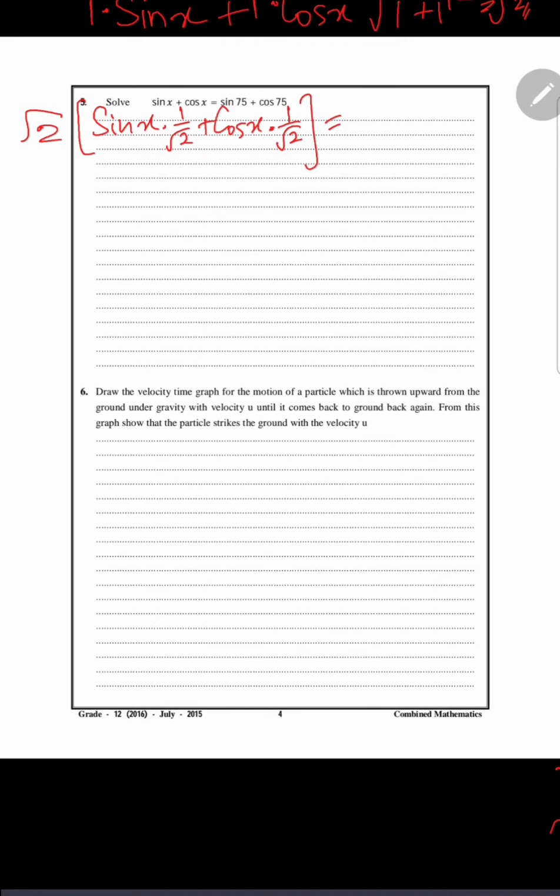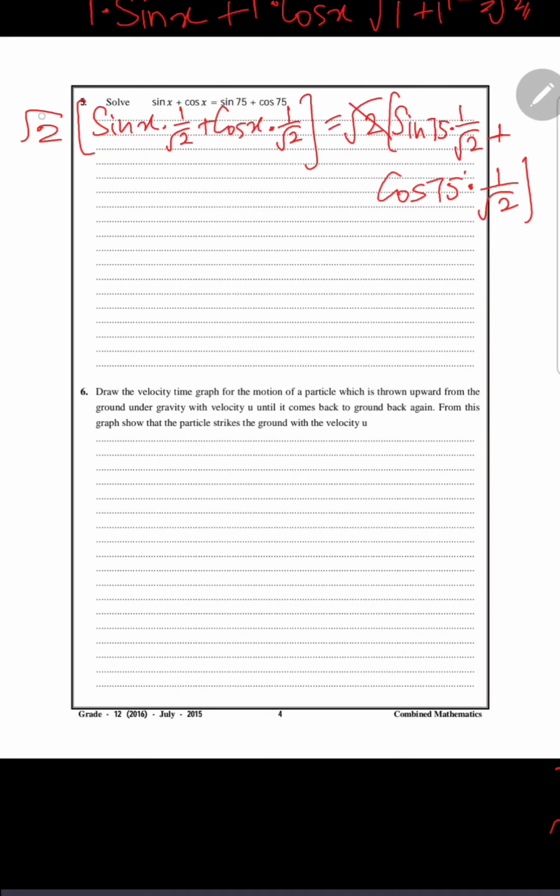RHS, a square plus b square term is also root 2. The coefficients are 1 and 1, so 1 times sin 75 plus 1 times cos 75. Then it is root 2. So we have sin 75 1 over root 2 plus cos 75 into 1 over root 2.